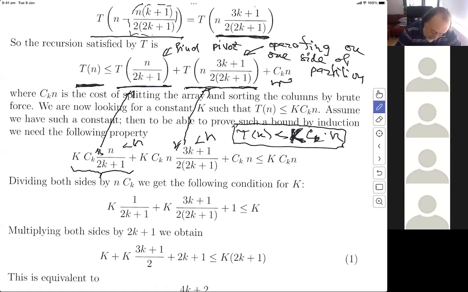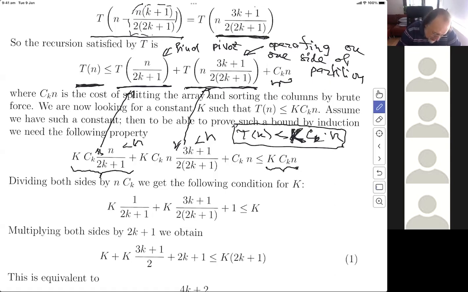And capital K should be such that the sum is smaller or equal than K times ck times n, because that's the bound that you need.